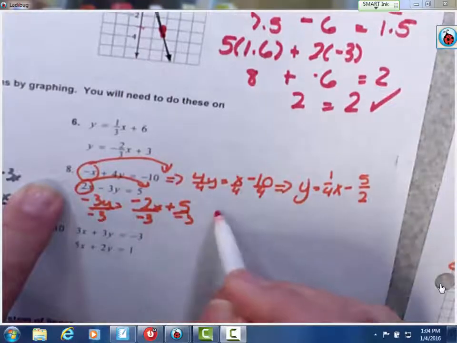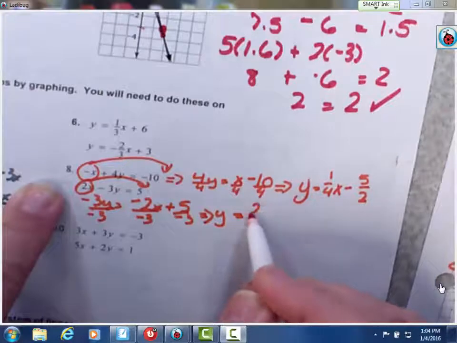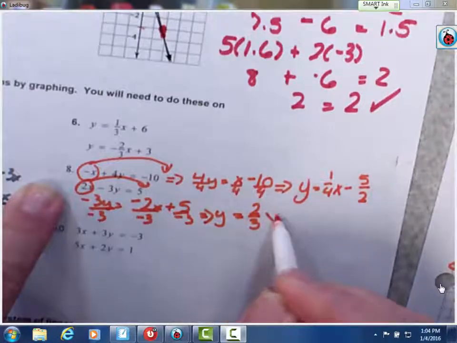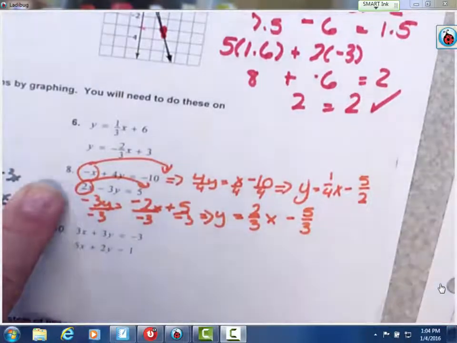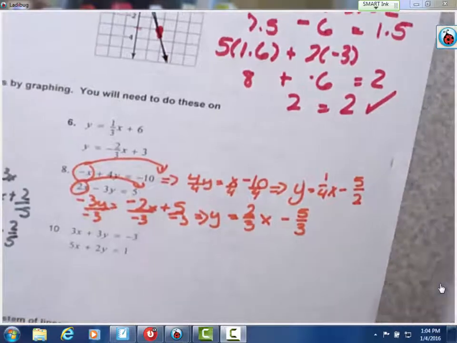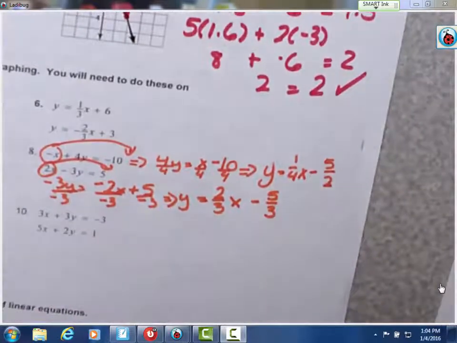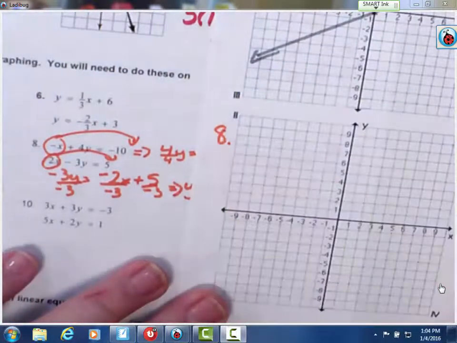We get y equals 2/3 x minus 5/3. So once we've got them solved for y, now we can graph them on our paper. Okay, so I'm just going to put number 8 right here because I can.